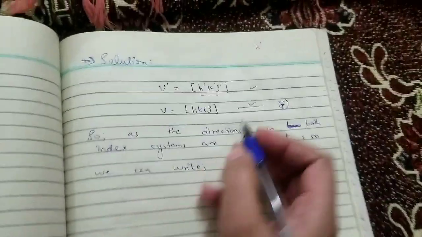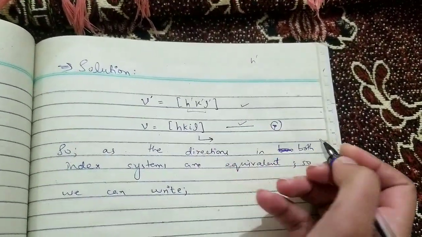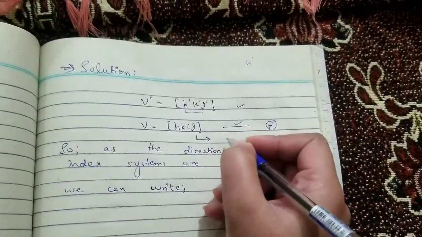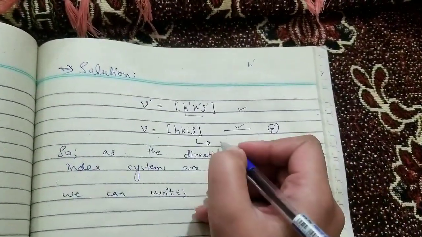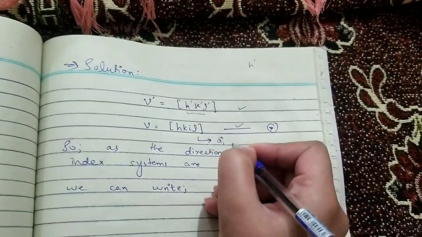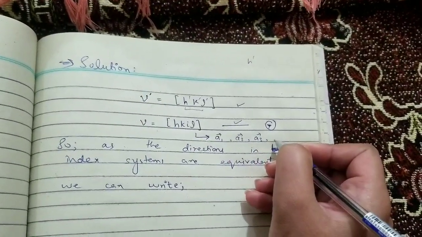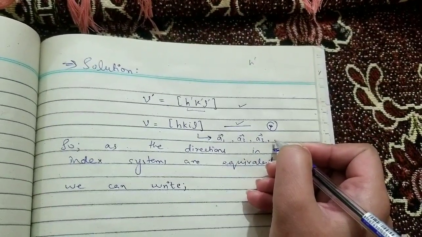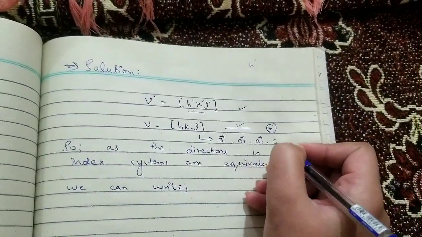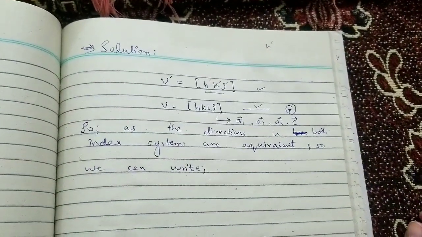So in the 4 index system, there are 4 coordinates also, 4 vectors you can say: the a1 vector, a2 vector, a3 vector, and the last one is the c vector, or you can write z vector also.